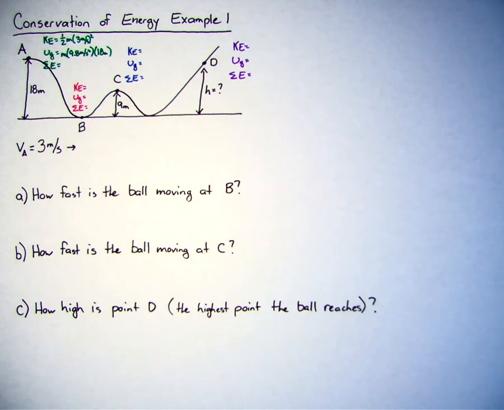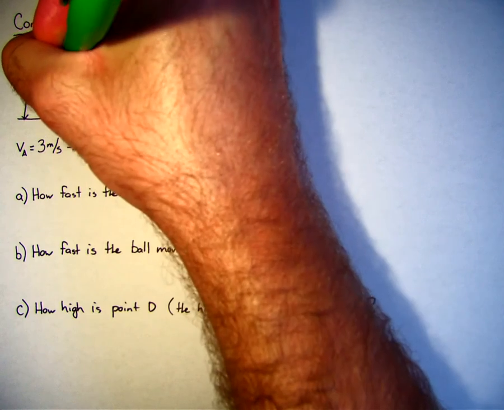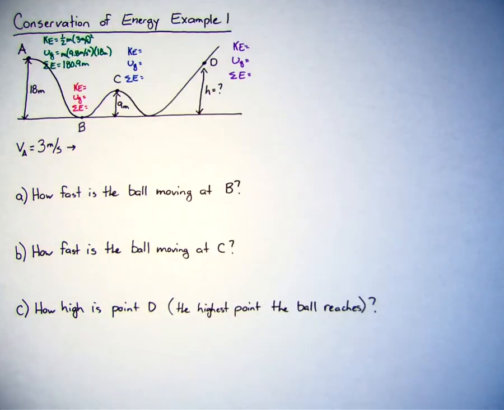If I do 0.5 times 3 squared, I'm going to get 4.5 m for my kinetic energy. If I multiply 9.8 times 18, I'm going to get 176.4 m for my gravitational potential. So if I add those together, I get a total of 180.9 m. So 180.9 times whatever the mass of this object is going to be.